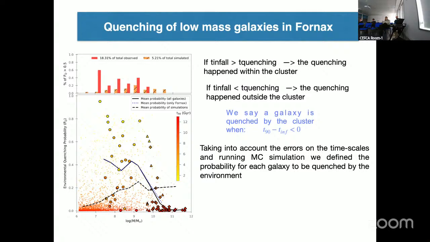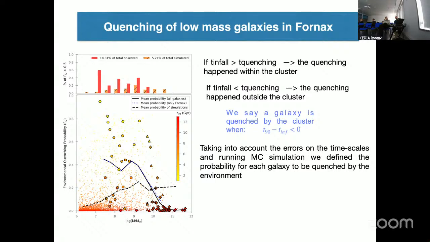Okay? In order to compare this, the small dots that appear here are galaxies from TNG50, from simulations. We computed exactly the same probability for the TNG50 galaxies. And it's the opposite, it's this curve here. So there is something in simulations. In simulations, most of the galaxies were pre-processed, were quenched before they fell into the clusters that they are living in today.